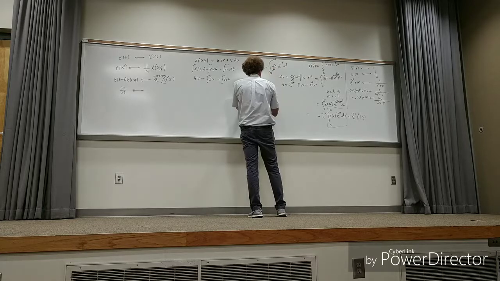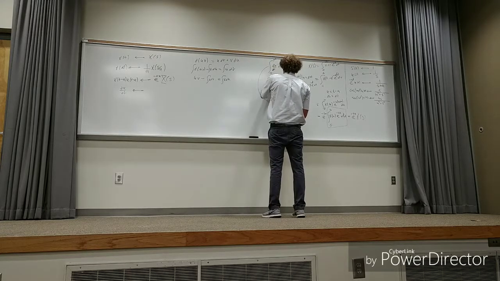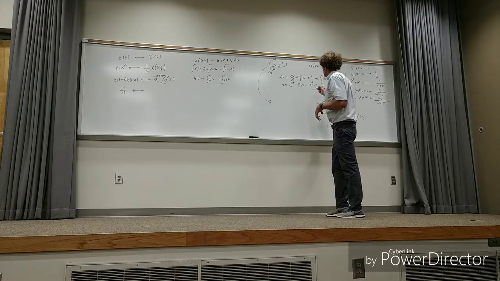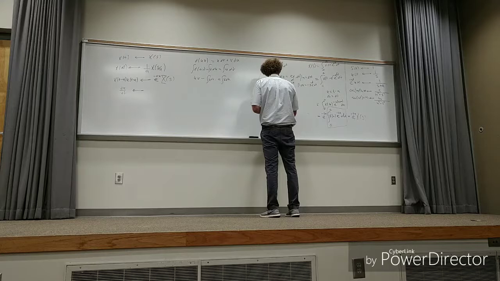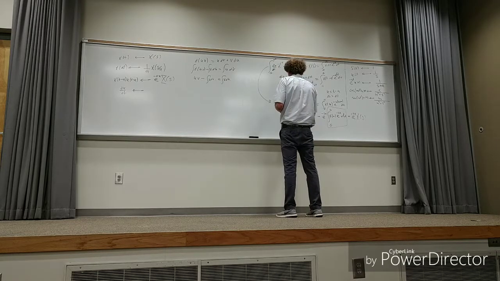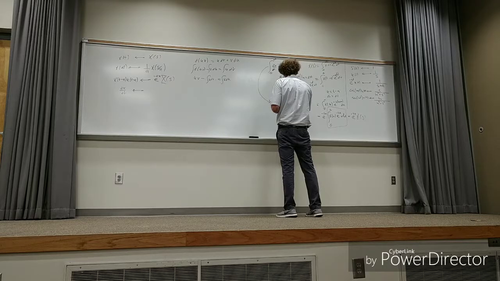This would be equal to what? Well, it would be equal to u times v, correct, class? Right? uv, which should be x of t, e to the minus st, evaluated from 0 to infinity.